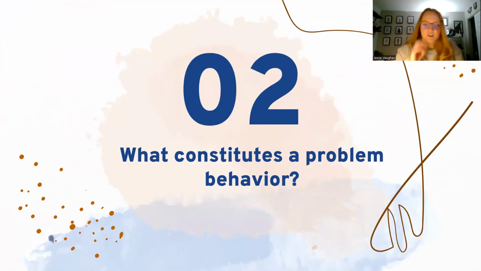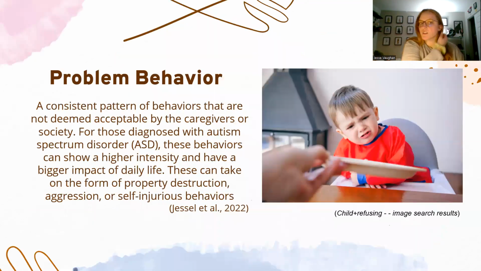So a problem behavior is a big term we are using within the assessment world. So I wanted to just cover a little bit of what constitutes a problem behavior, as well as what those functions of a problem behavior could be. So a problem behavior is a consistent pattern of behaviors that are not deemed acceptable by the caregivers or society.